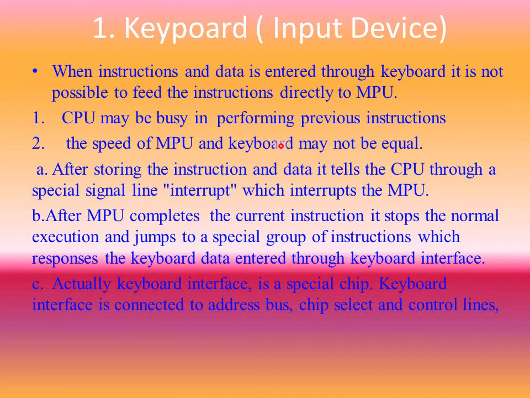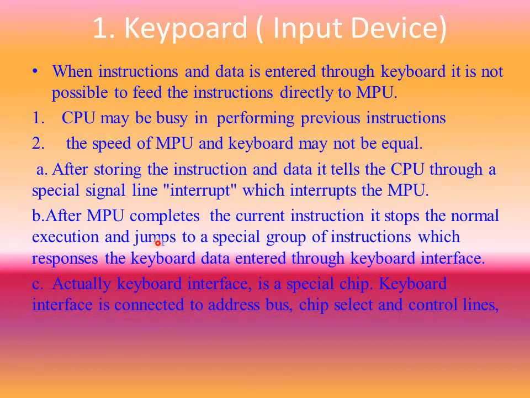So for that, the data is stored in keyboard interface for some time. After storing the data into keyboard interface, that keyboard interface sends an interrupt signal to the MPU. Interrupt signal means it is disturbing the MPU, saying I want you.